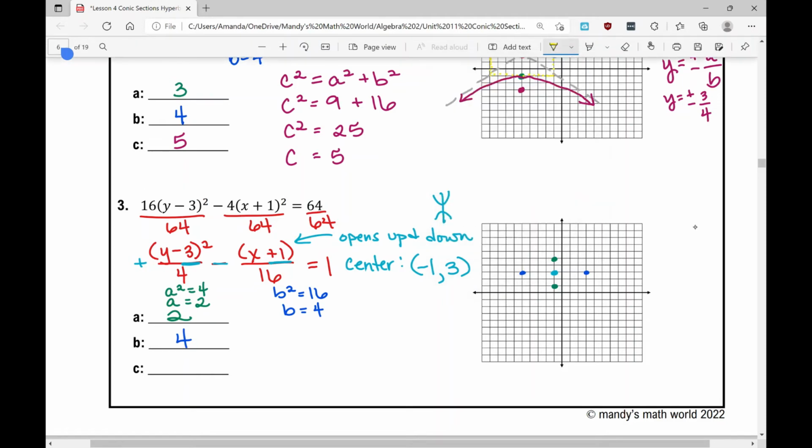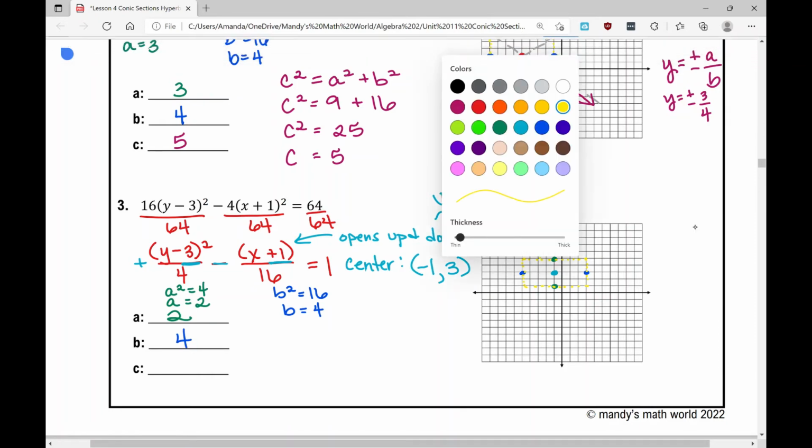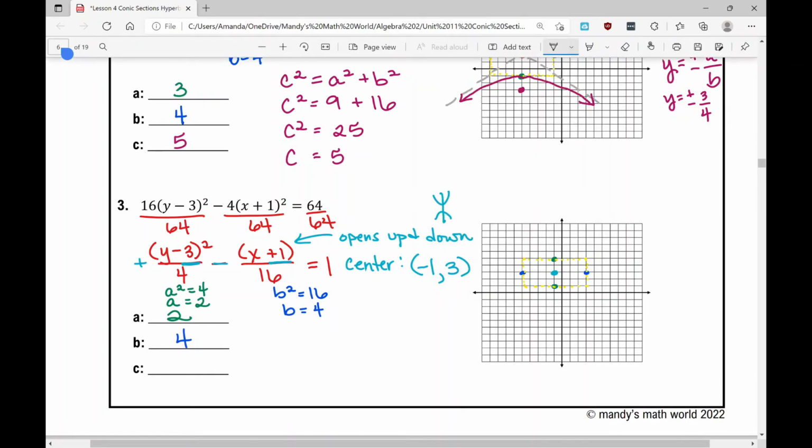And then I'm going to draw my rectangular box connecting all the vertices and co-vertices. This is going to help me draw the asymptotes. The asymptotes are going to go through that center point, and they're going to cross through the corners of the box we just drew. This is like a little trick, if you will.